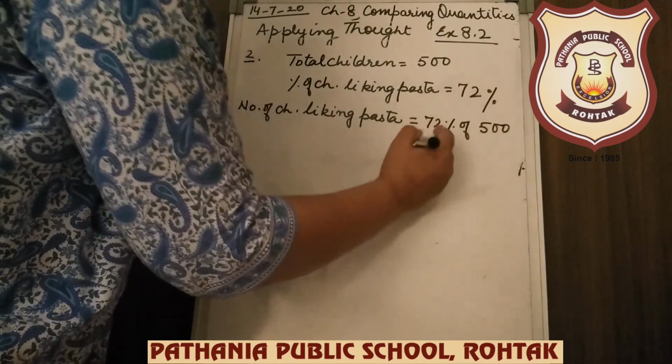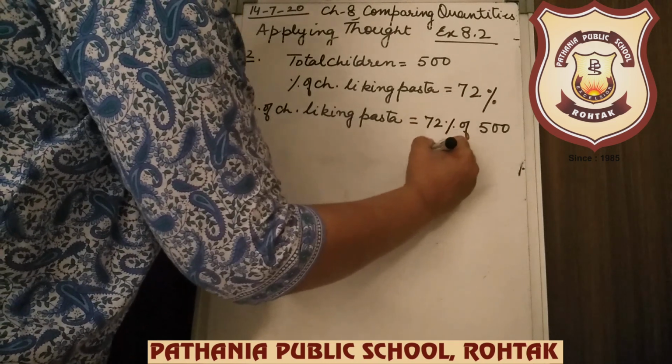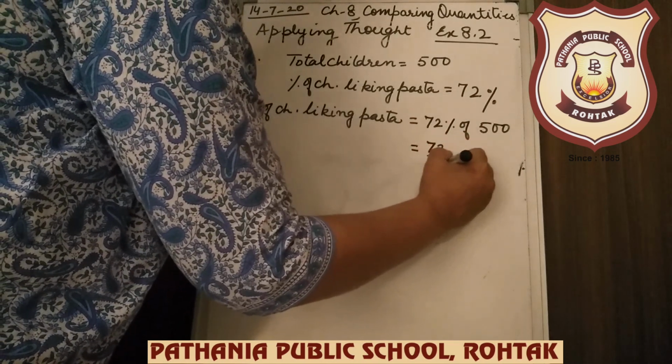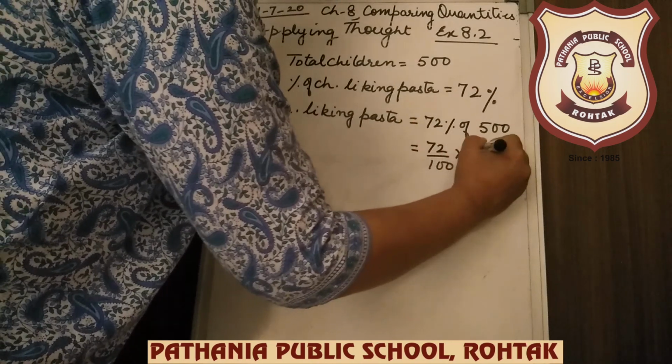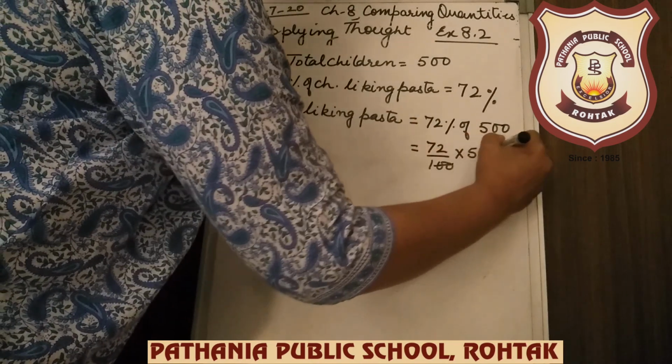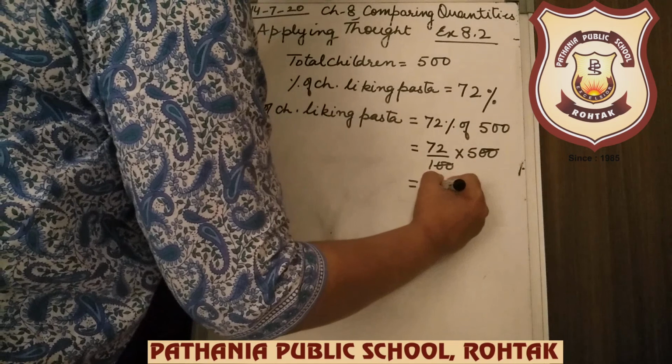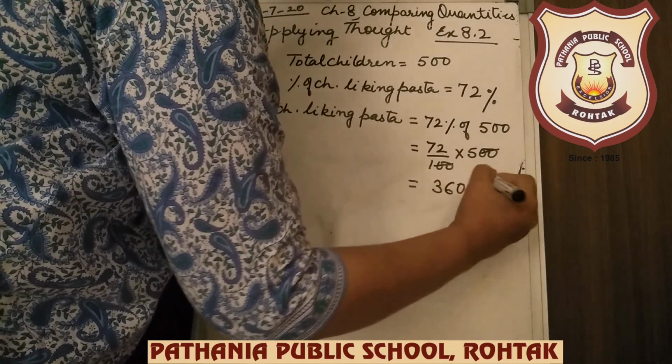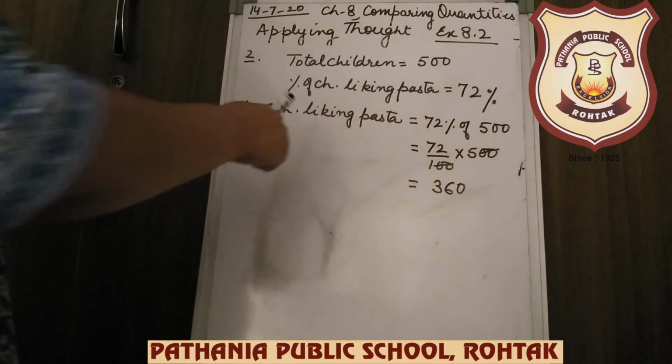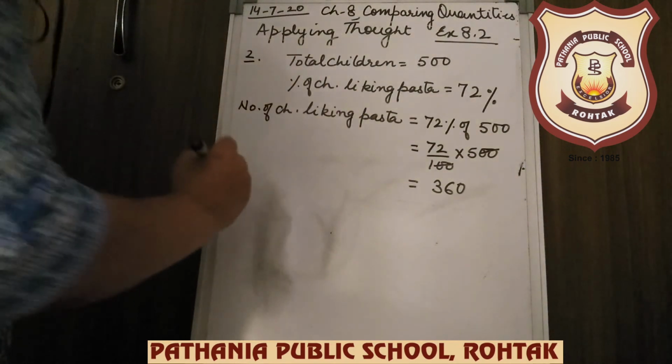So I'll convert this to 72 upon 100 into 500. The zeros get cancelled and this becomes 360 children. 360 children like pasta.